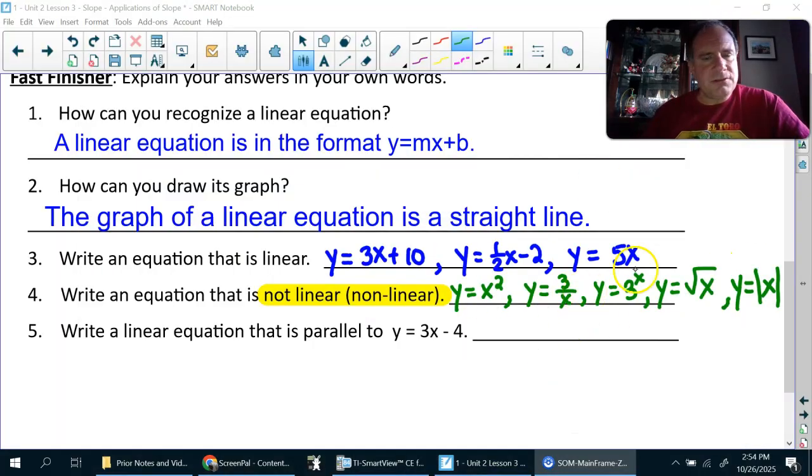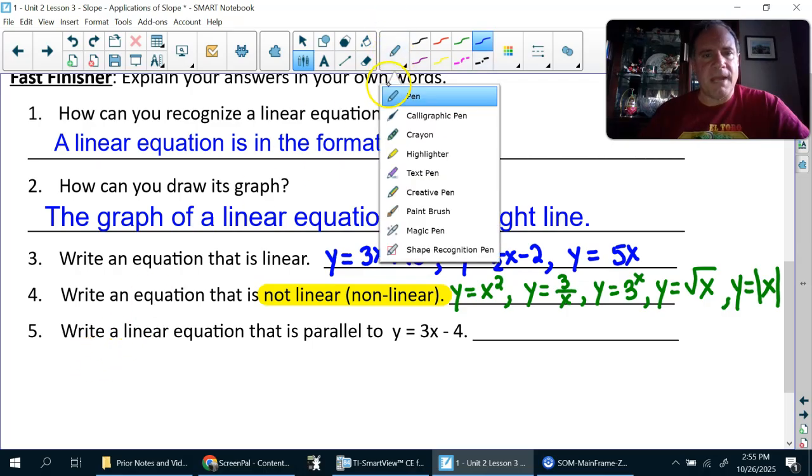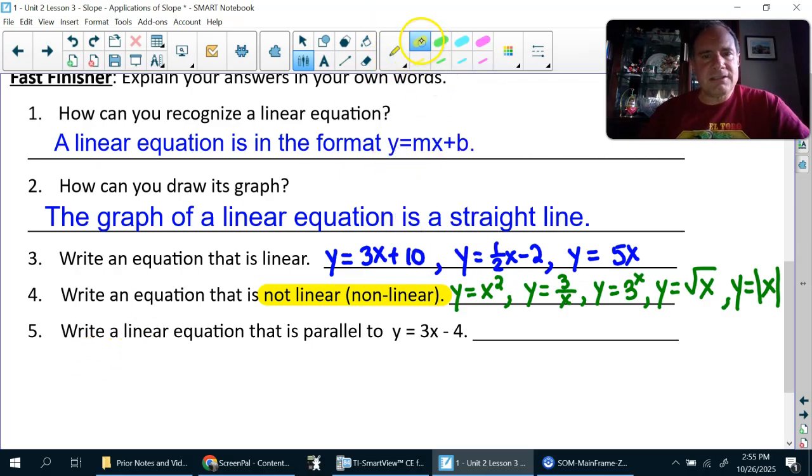So all of these are non-linear. It's not y equals mx plus b. Anything that you're talking about has to be in y equals mx plus b format.